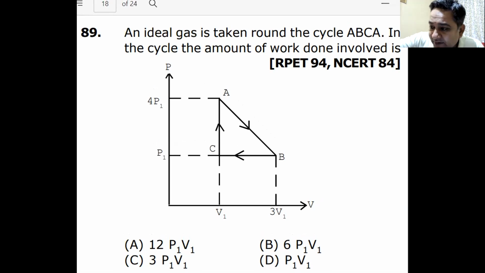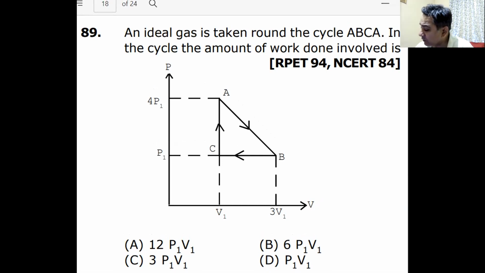An ideal gas is taken around the cycle ABCA. In this cycle, how much is the work done? A, B, C, D, there are 4 options.